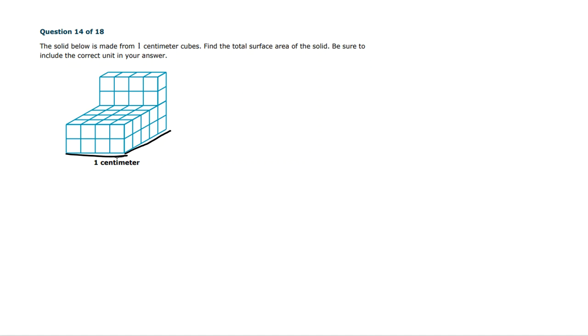A 4 by 5. Okay, so that is the bottom. 4 times 5 is 20. Okay, now the top of this one is a 4 by 4. That's the only part that's showing.